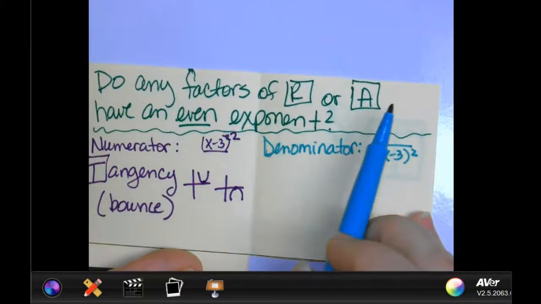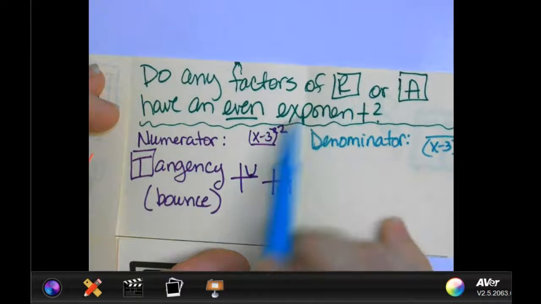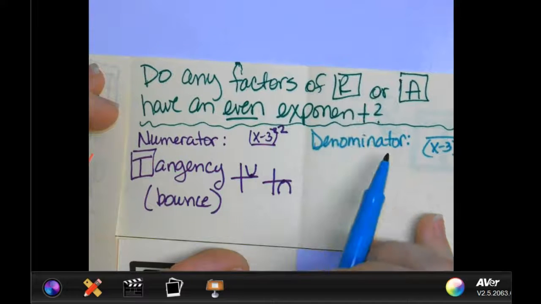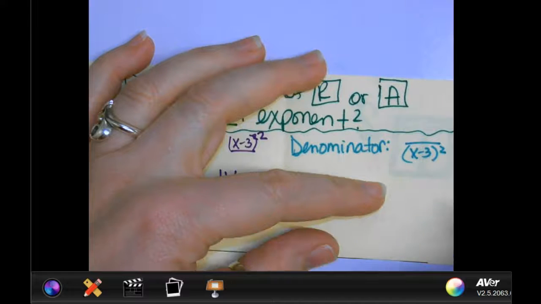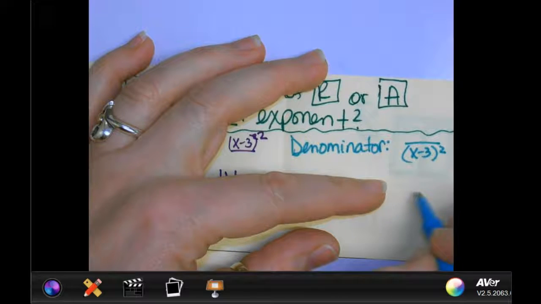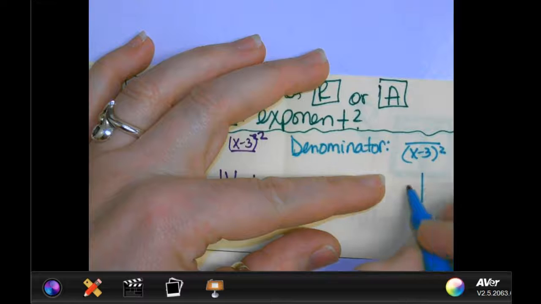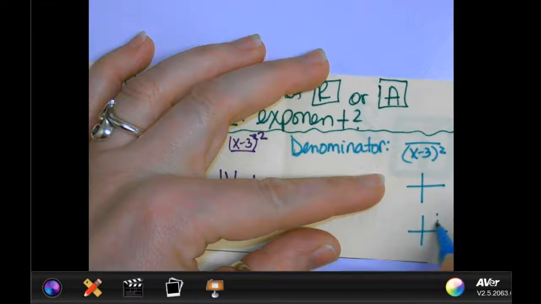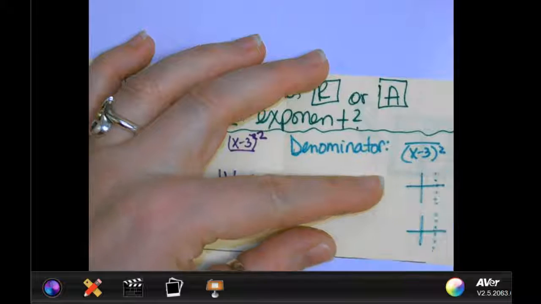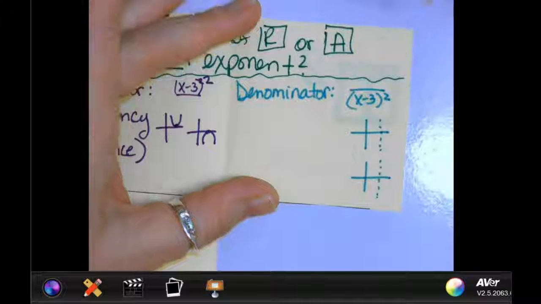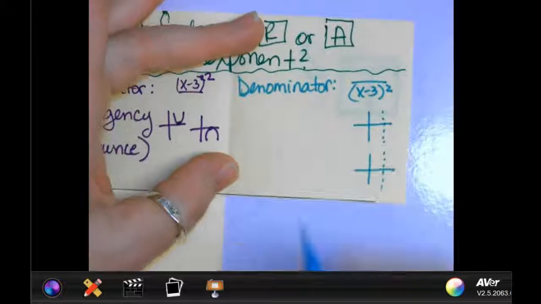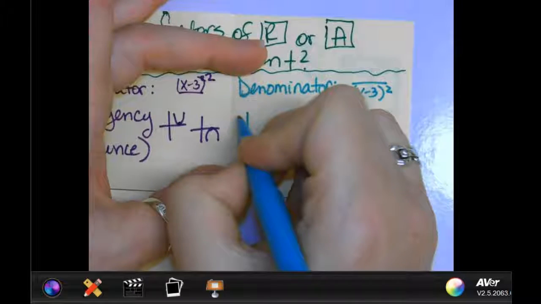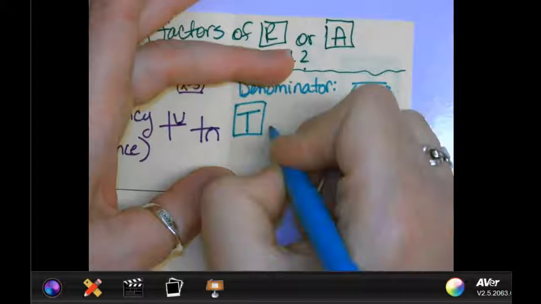Because see, it says, do any factors of R or A have an even exponent? The numerator is the root part, right? The denominator is the asymptote part? Yes? Okay. So that means that I have an asymptote at where? X equals 3. Okay. So we're going to draw 2 different little examples of that too. So here we're talking about our asymptotes. Sorry, my hands are always in the way. And then the T in the denominator, when you're looking for that even, this stands for togetherness.